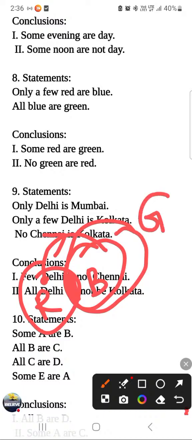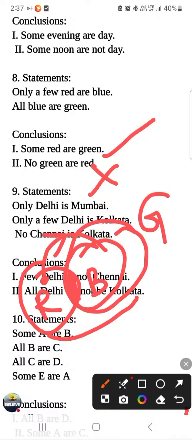Conclusion says some red are green. Yes, it is possible, so correct. No green are red, but we don't know the relation of red and green. It says it is 100%, but we are not sure, because we don't know the relation between red and green. So this is not true. So only conclusion one is correct.